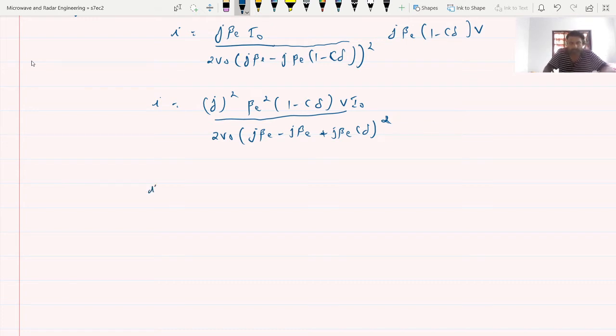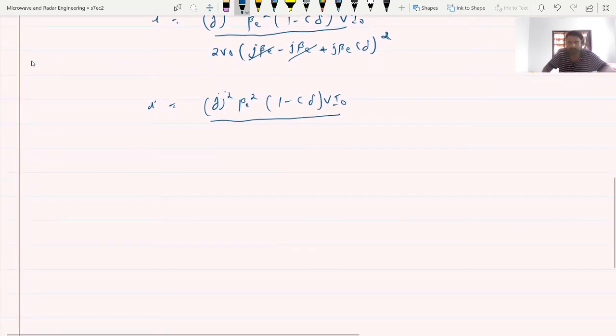So I can write I is nothing but j square, this and this get cancelled, so it will be j square beta e square 1 minus C delta V into I naught divided by square of this one, j square beta e square C square delta square 2 V naught. This and this cancel, this and this cancel.